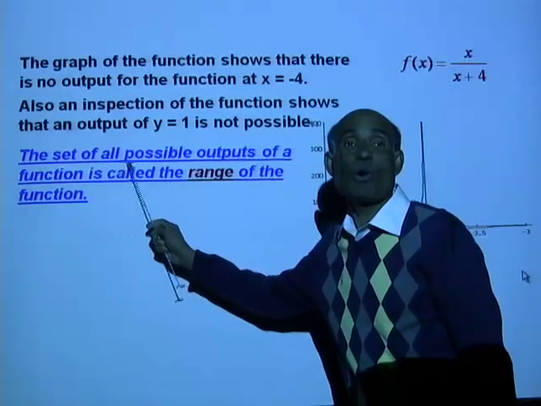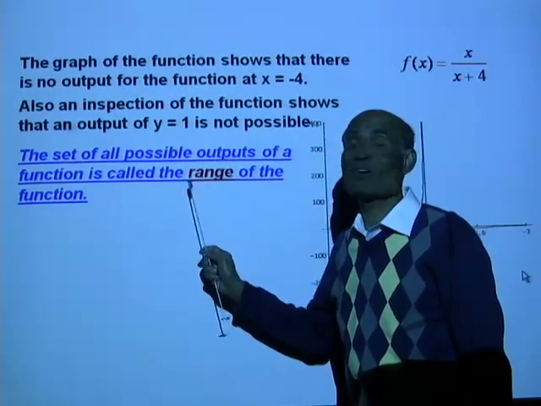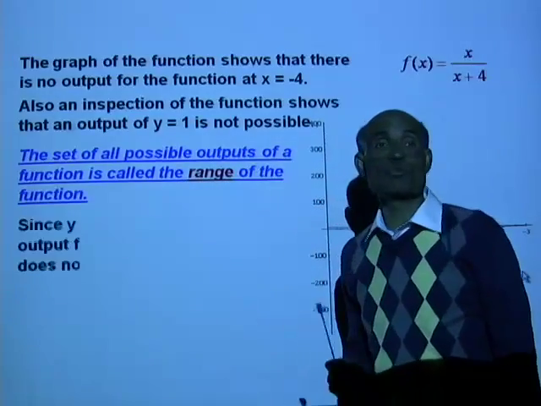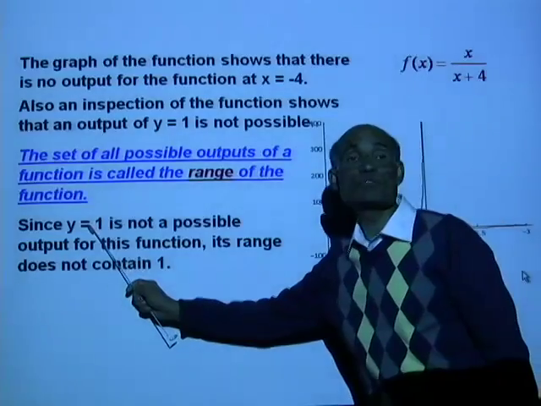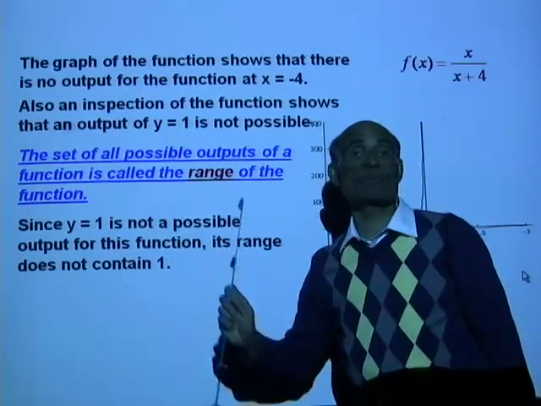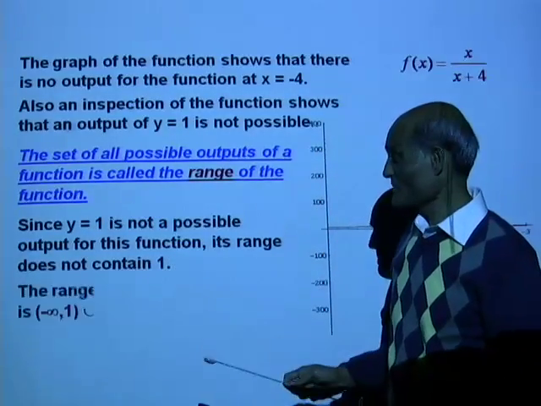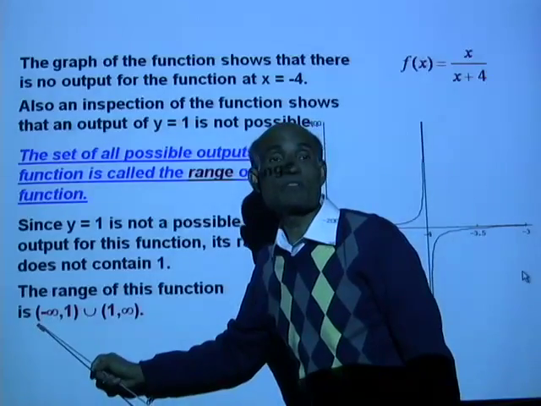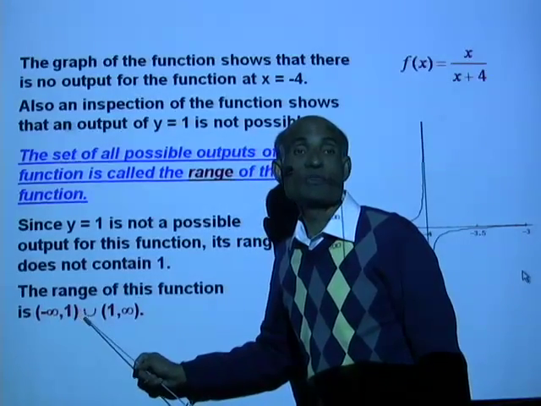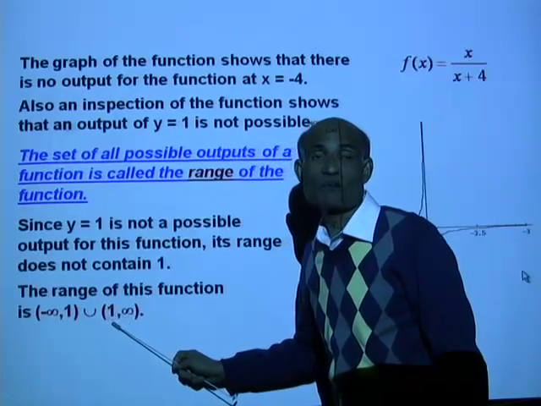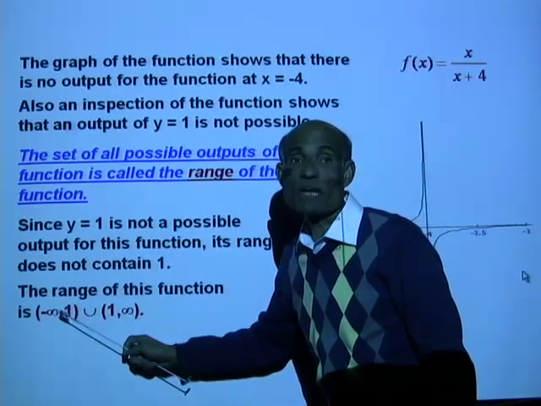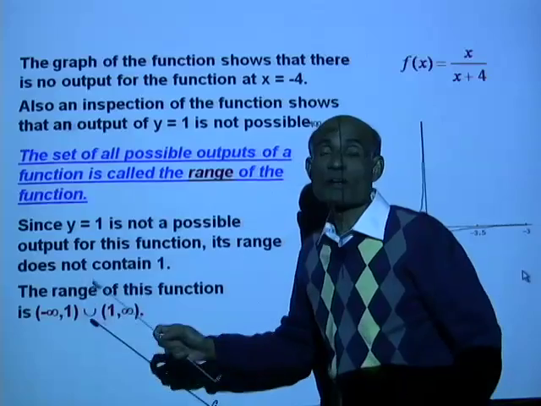The set of all possible outputs of a function is called the range of the function. Since in this case, y equal to 1 is not a possible output, we will write the range as -infinity to 1, union 1 to infinity. Again, look at the use of parentheses. It means the domain does not contain 1.